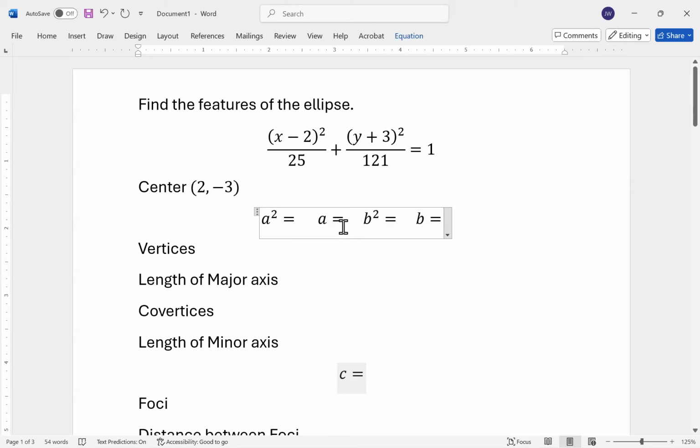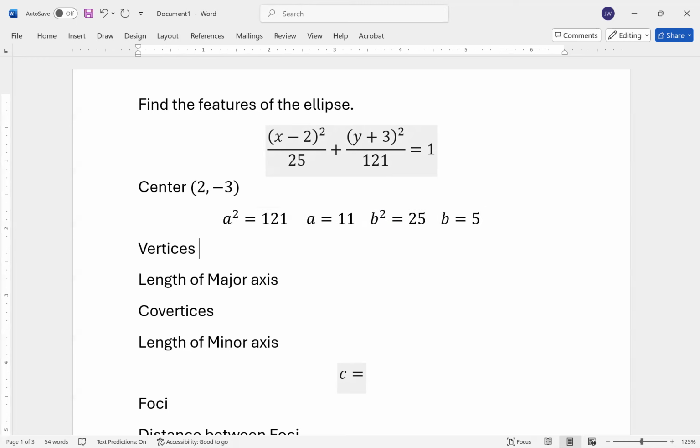So which direction is the ellipse stretched out more in? It's stretched out more in the y direction because the bigger denominator is underneath the y squared component. So a squared is going to be 121. That means a is going to be 11. And b squared is equal to 25. That means b is equal to 5.